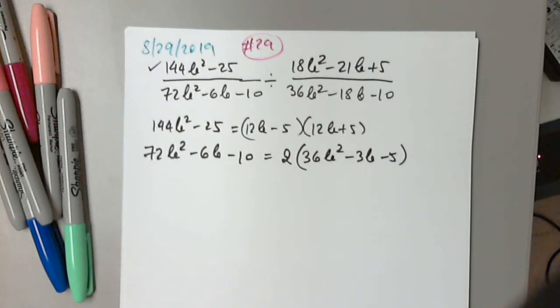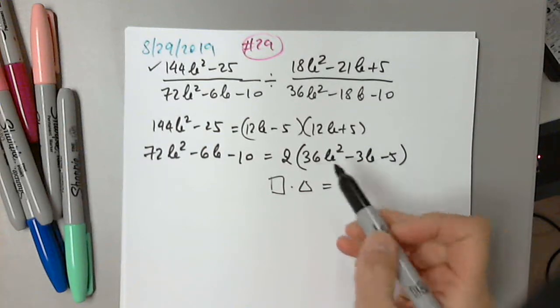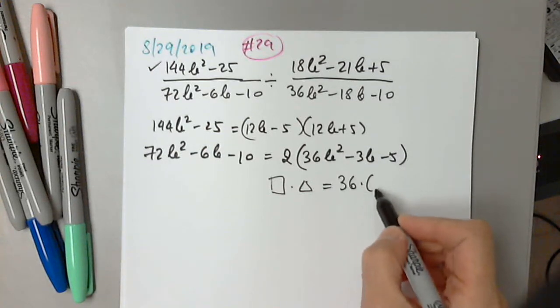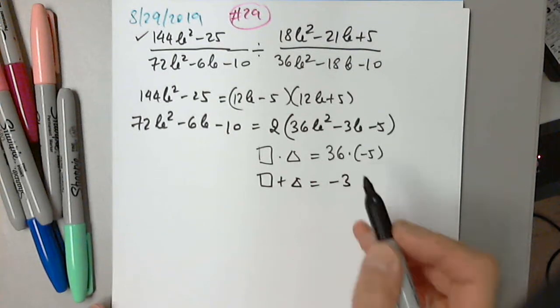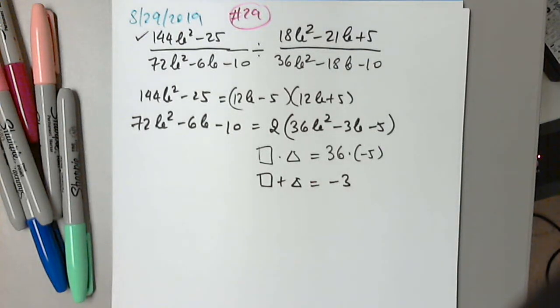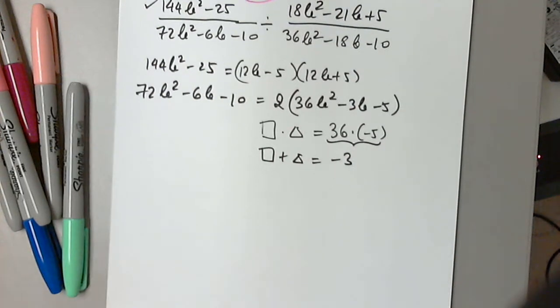Now, we will factor this, but what I recommend when the numbers are so big, because now we are trying to find two numbers whose product is 36 multiplied by negative 5, and whose sum is negative 3. When numbers are so big, I recommend the quadratic formula as one option. The second option would be, instead of really multiplying these two numbers, I would factor them.